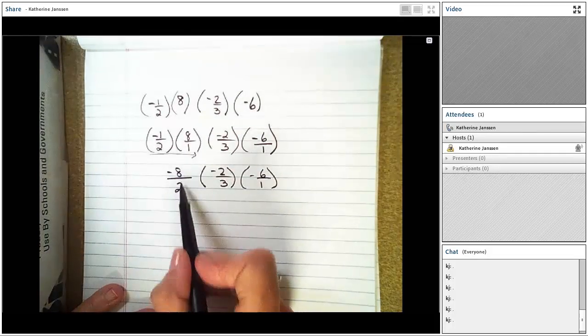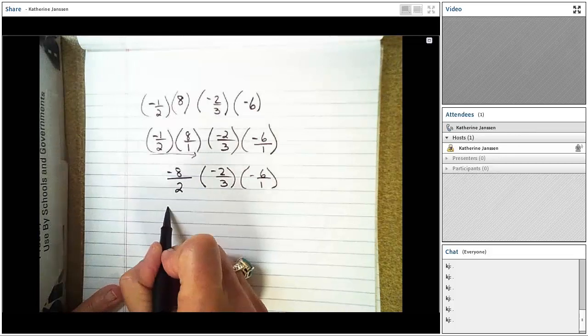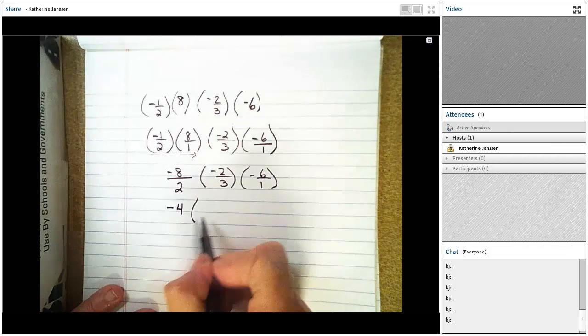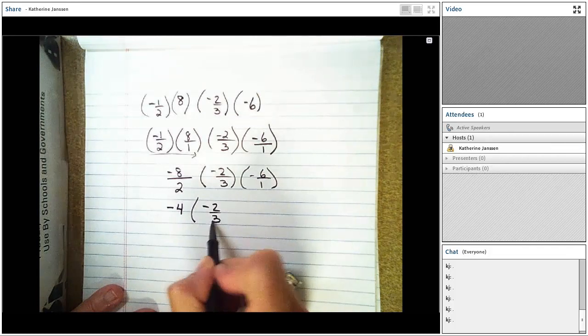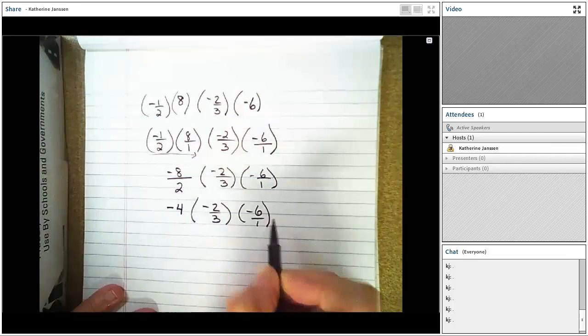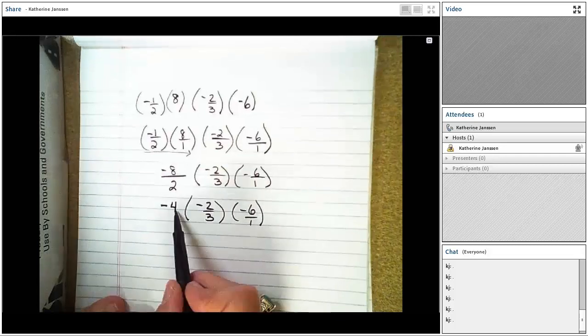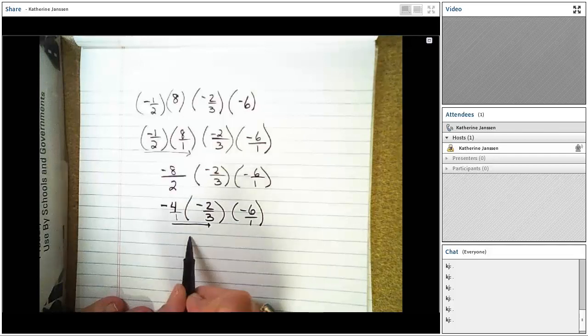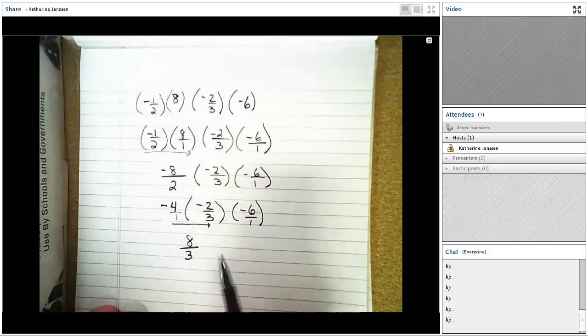Now 2 goes into negative 8. 2 goes into 8 4 times. 2 times a negative 4 would be negative 8 times a negative 2/3 times a negative 6 over 1. Let's see, this is 4 over 1 now. A negative 2 times a negative 4 would be a positive 8 over 3 times a negative 6 over 1.